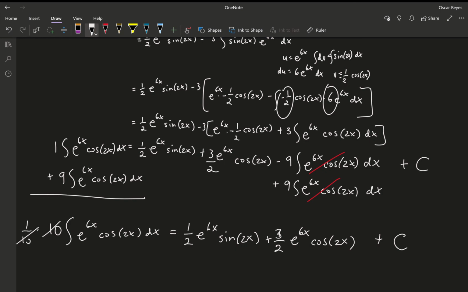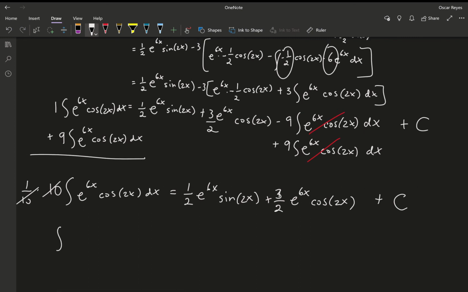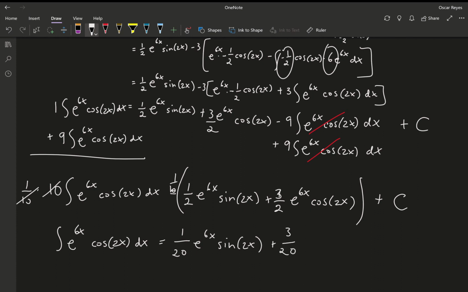That's going to cancel these two out, and we're going to be left with, on the left side, the integral of e to the 6x cosine of 2x dx is equal to, so we have to multiply this whole thing by 1/10. So we're going to have 1/20 e to the 6x sine of 2x plus 3/20 e to the 6x cosine of 2x plus some type of constant.